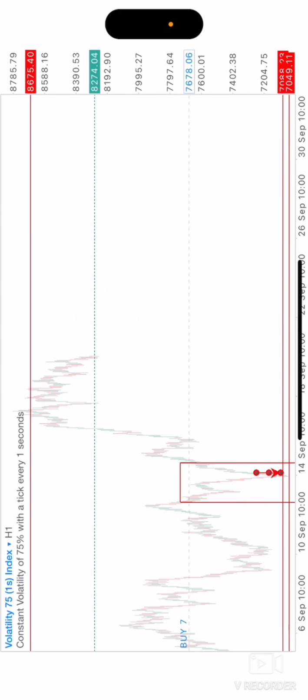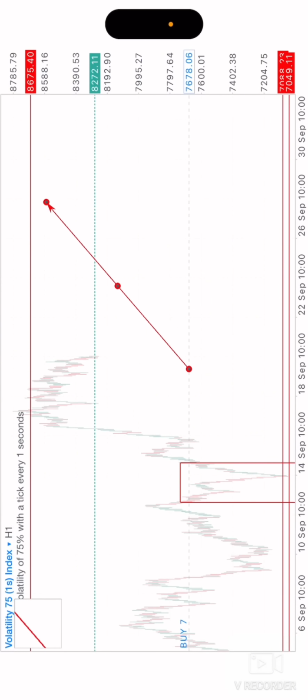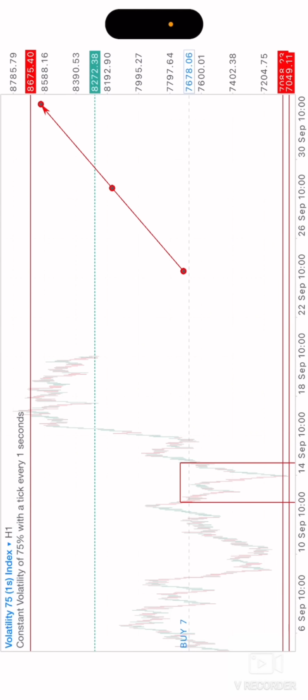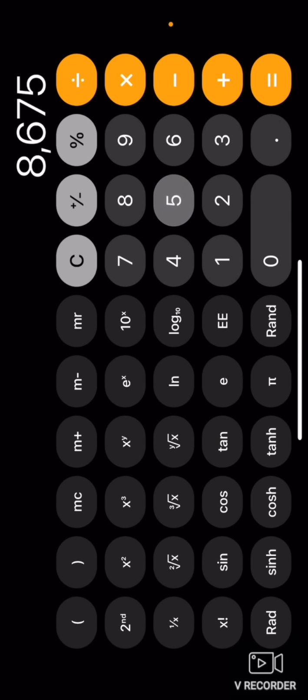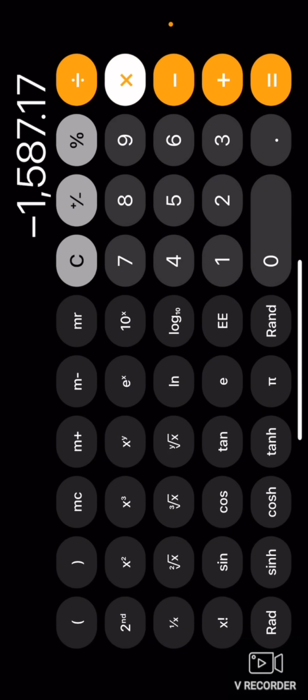My take profit is 8675.40. Then times whatever you get by the lot size you used to calculate your stop loss. Now we used lot size 1, right? That means I'll be making $1,587, risking $39.